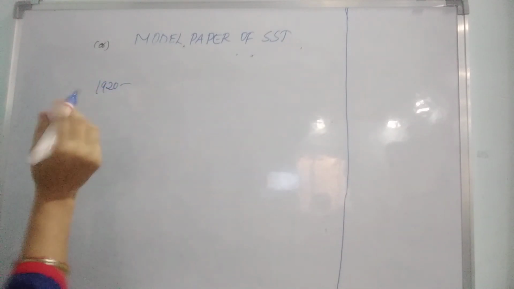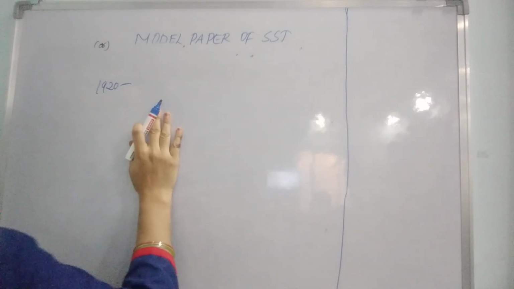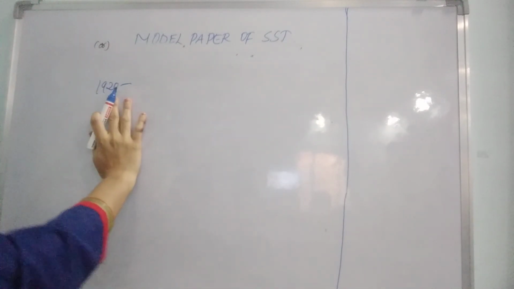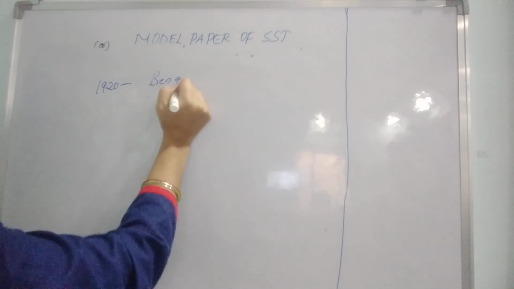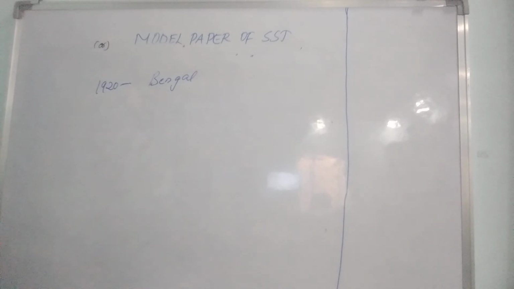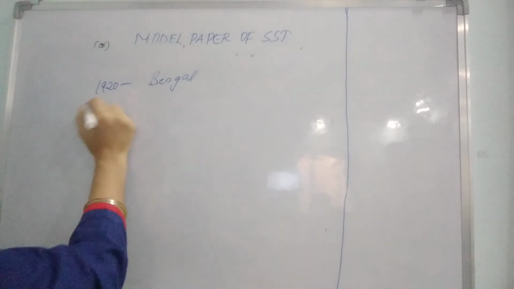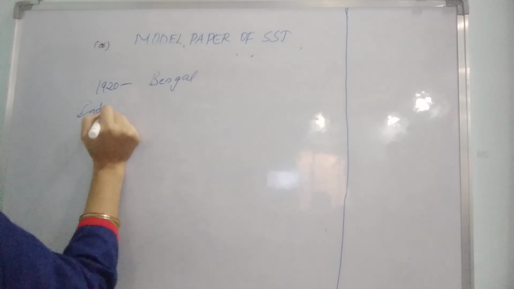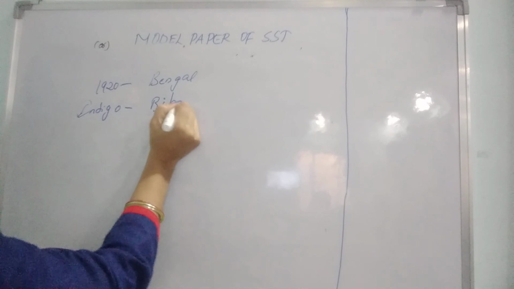We have to know some GK points for ease of doing the map. The answer is Bengal. And name the state where the movement of indigo planters was started. Bihar.